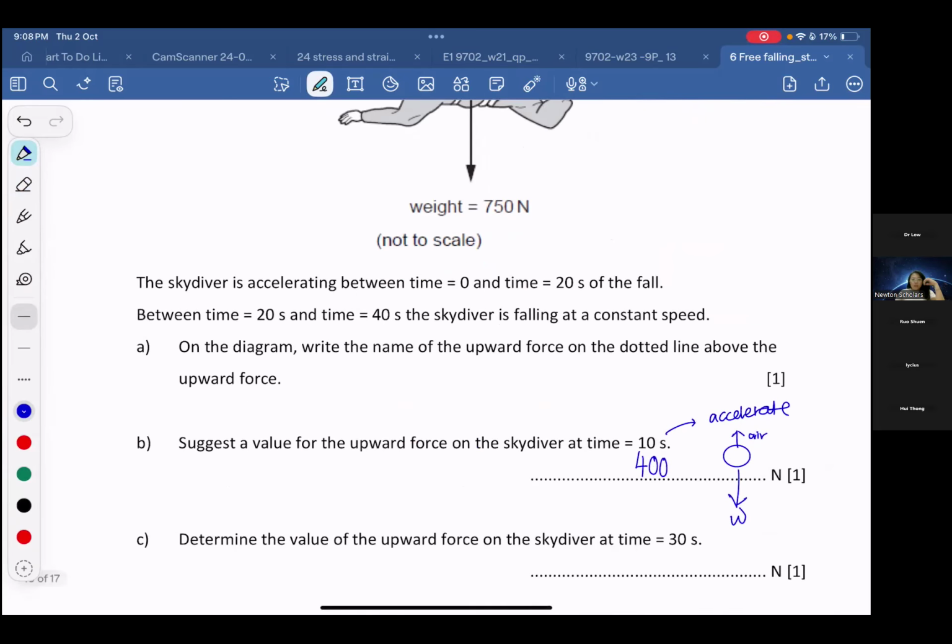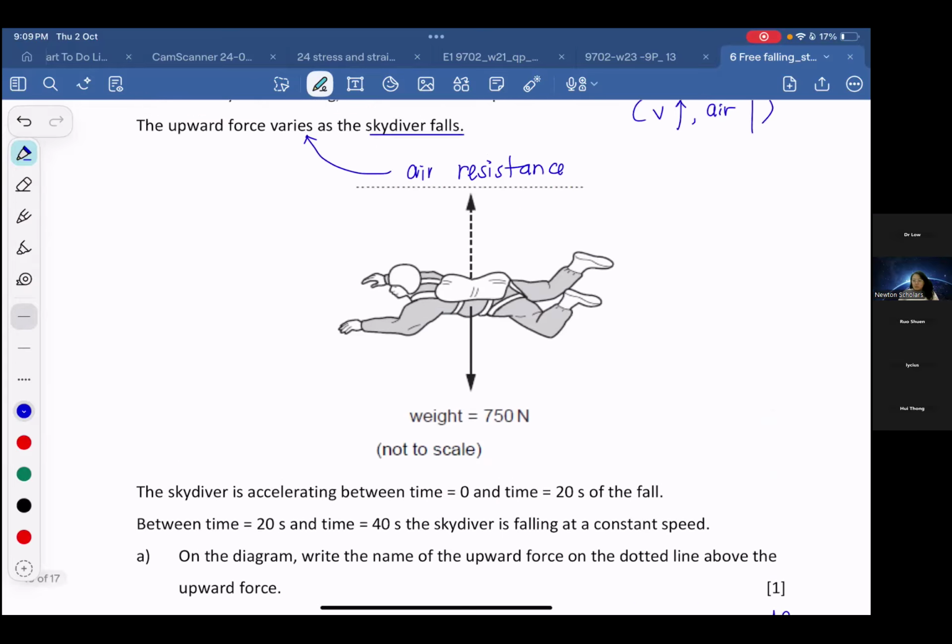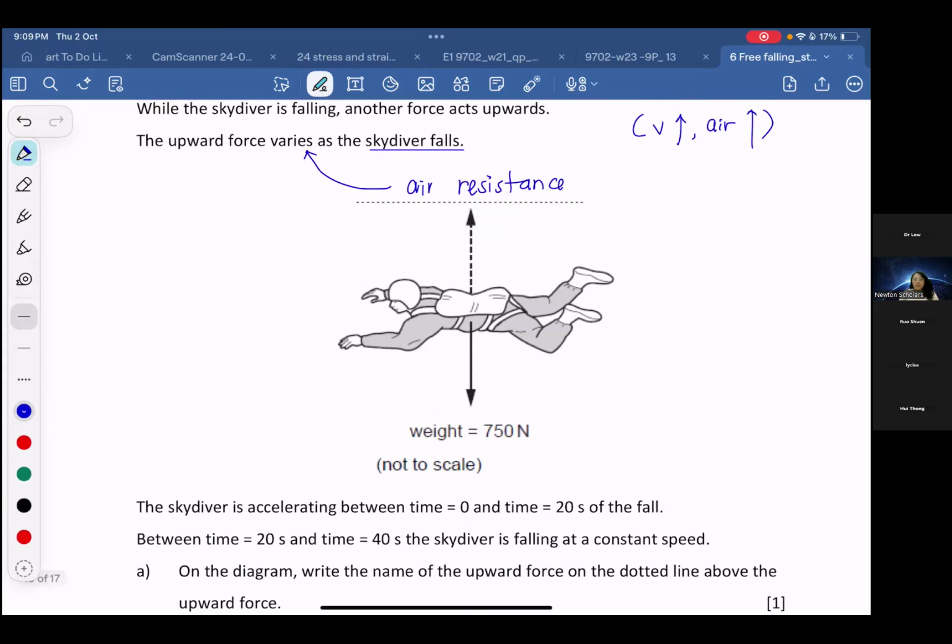Determine the value of the upward force for the skydiver at time 30 seconds. At 30 seconds, they actually achieve constant speed. Can you tell me what the upward force is? Constant speed, so what is your air resistance?